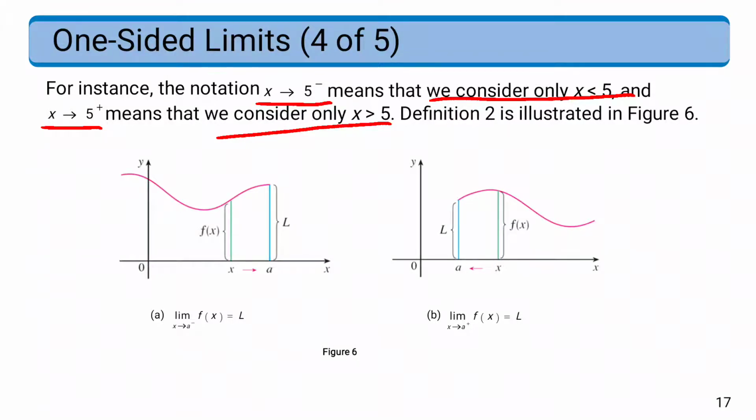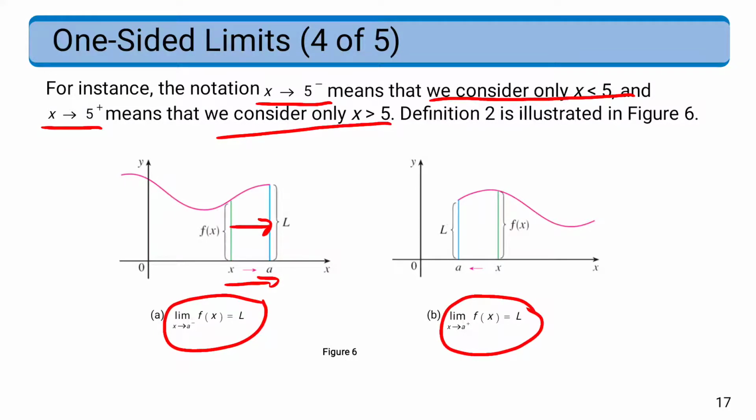Or you can put it in terms of the graph to say the limit of f of x is L as x approaches a from the left, to mean as x approaches a from the left, f of x goes to L. Or you can say from the right, the limit of f of x is L as x approaches a from the right.